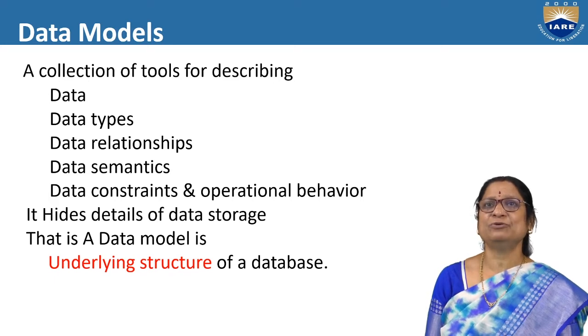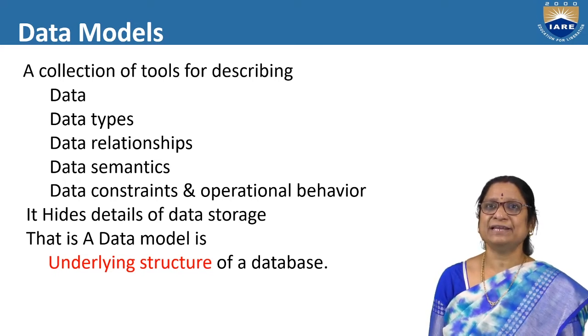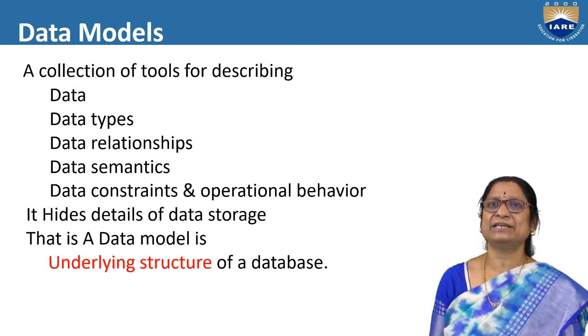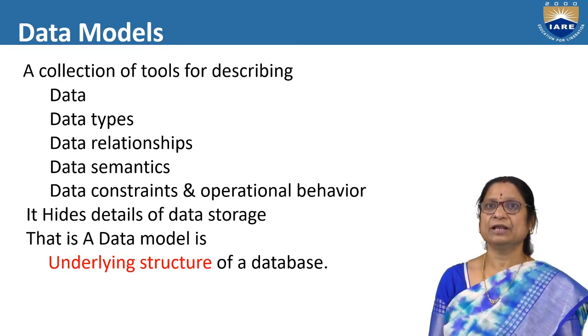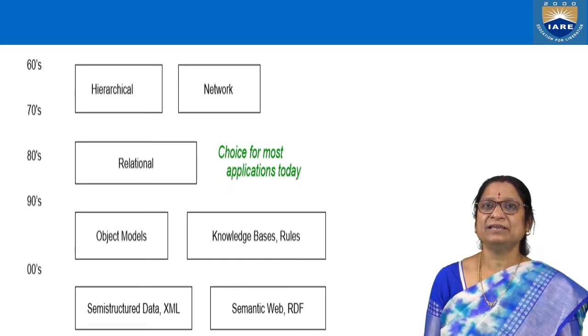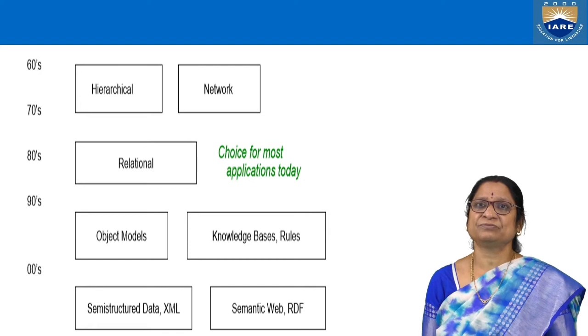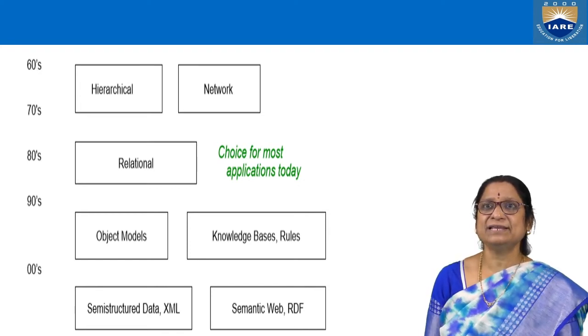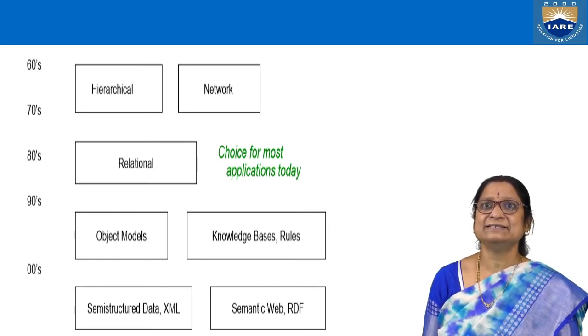Various kinds of data models are there. As per our need, we need to understand various data models and select a proper data model for representing our data. These data models were developed from the beginning of the invention of databases. In the 1960s, hierarchical and network models were more developed.